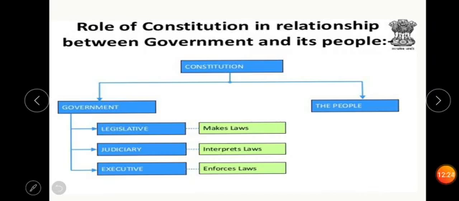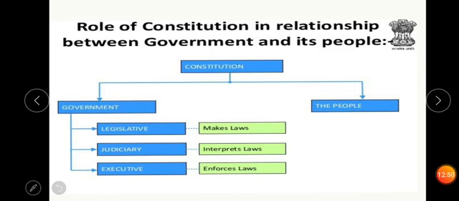Judiciary is a system that provides dispute redressal, means provides judgment towards any dispute or matter in a country like India.